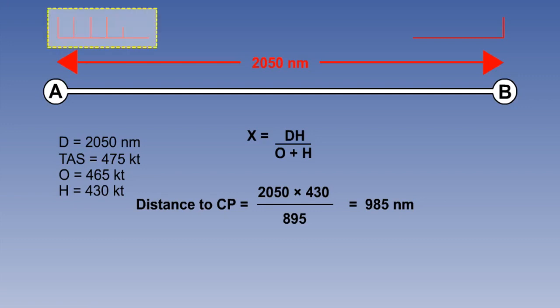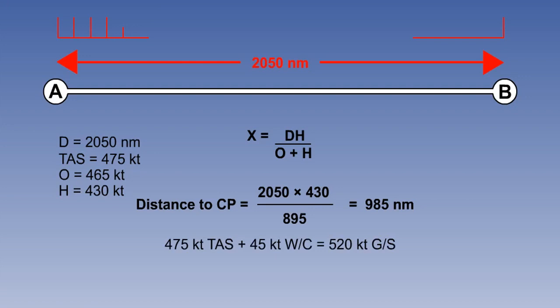We now need to work out the time to the critical point. This is an important piece of information, as we shall shortly show. The first thing to notice is that the ground speed to the critical point is not O if the wind changes. O assumes a headwind component of 10 knots. But out to the critical point, the wind component is 45 knots tail.